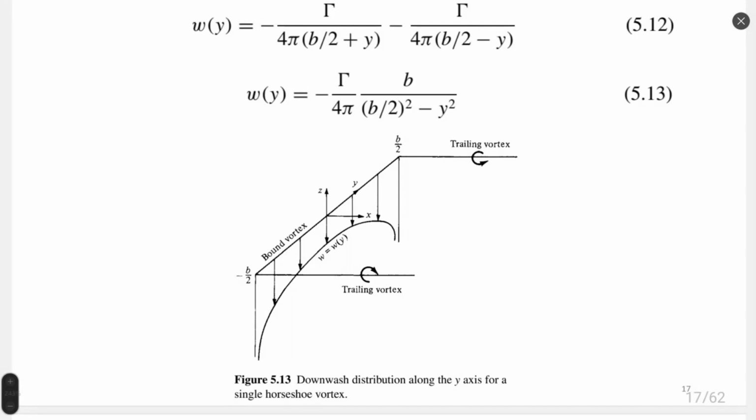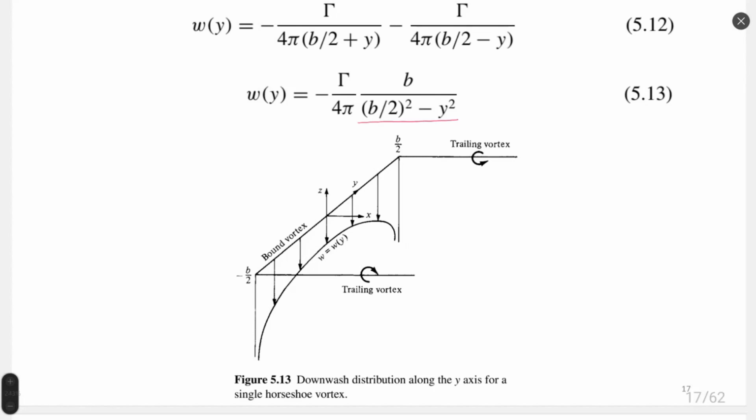Analyzing this function, we conclude that the downwash velocity on the tip of the wing would be equal to minus infinity. This happens because this part of the equation, b divided by 2 squared minus y squared, goes to 0. So this is why w, the downwash velocity, will be minus infinity. This is the main problem of such a model.